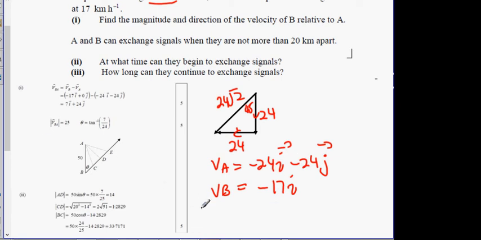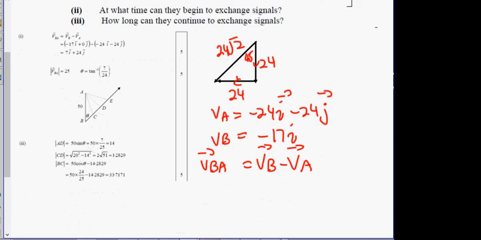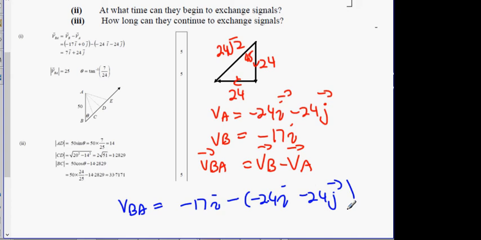Now we're going to do velocity of B relative to A. We get vB minus vA, so it's going to be minus 17i minus bracket minus 24i minus 24j close bracket, and what we're going to get here is 7i plus 24j.